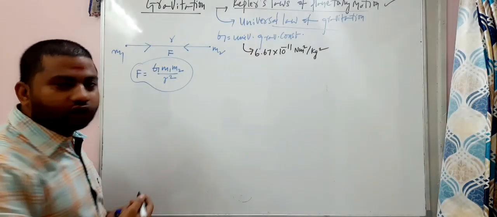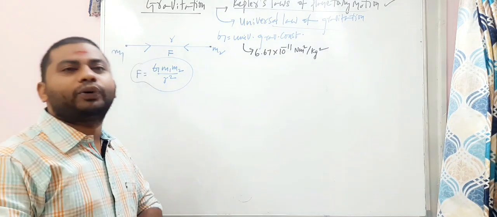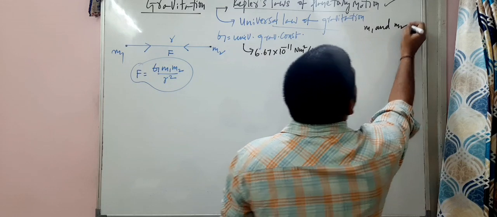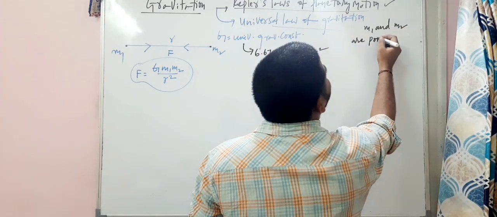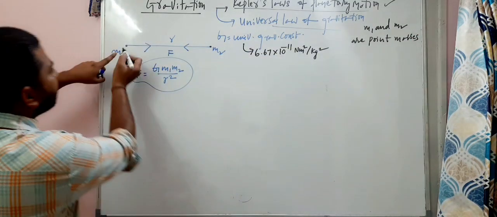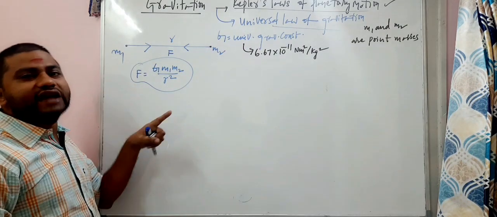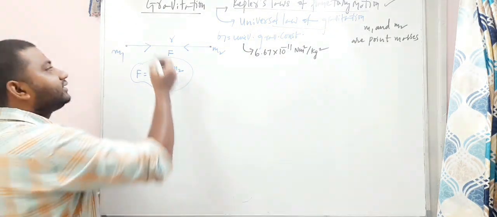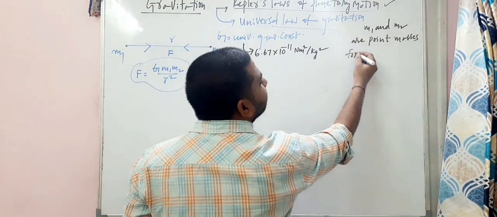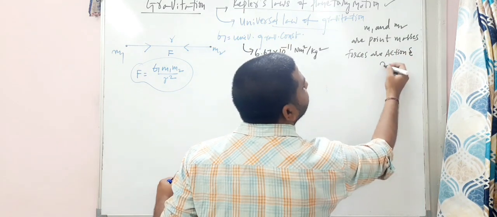According to the universal law of gravitation, these masses m1 and m2 must be point masses, my dear students. And just now I told you, this mass will attract m2 and m2 will attract m1, and those forces are action and reaction forces.